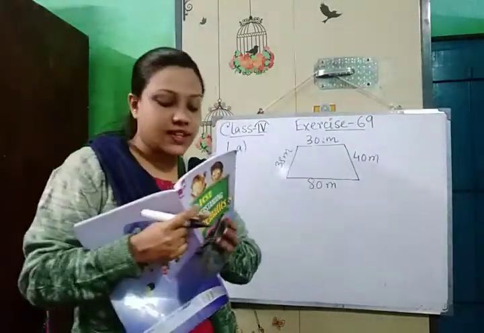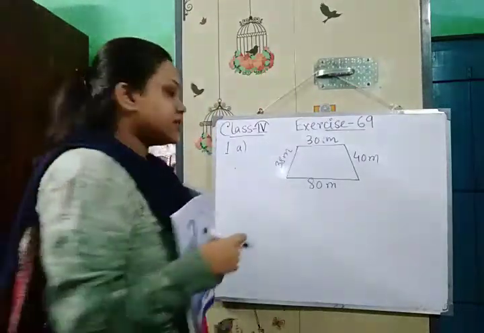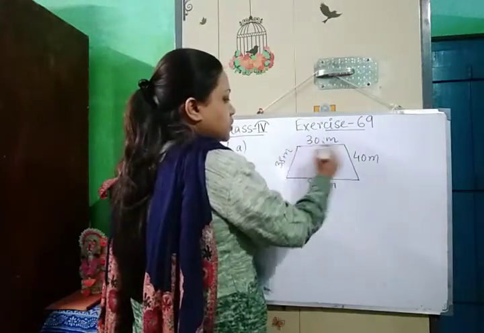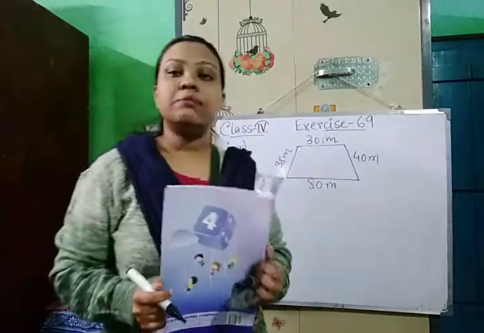So what is the meaning of perimeter? Perimeter means the total length of the outer boundary. The total length of this outer boundary of the figure is called the perimeter of the figure.